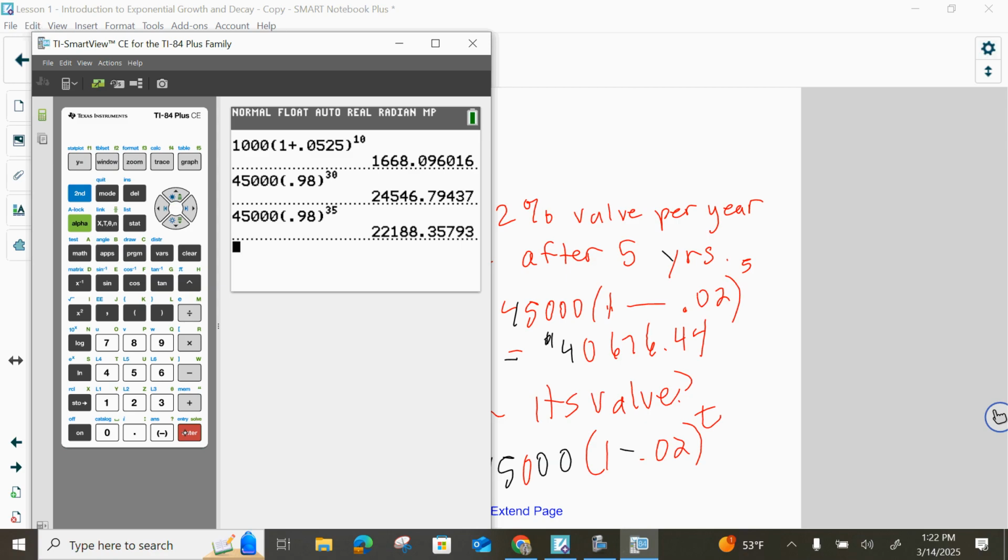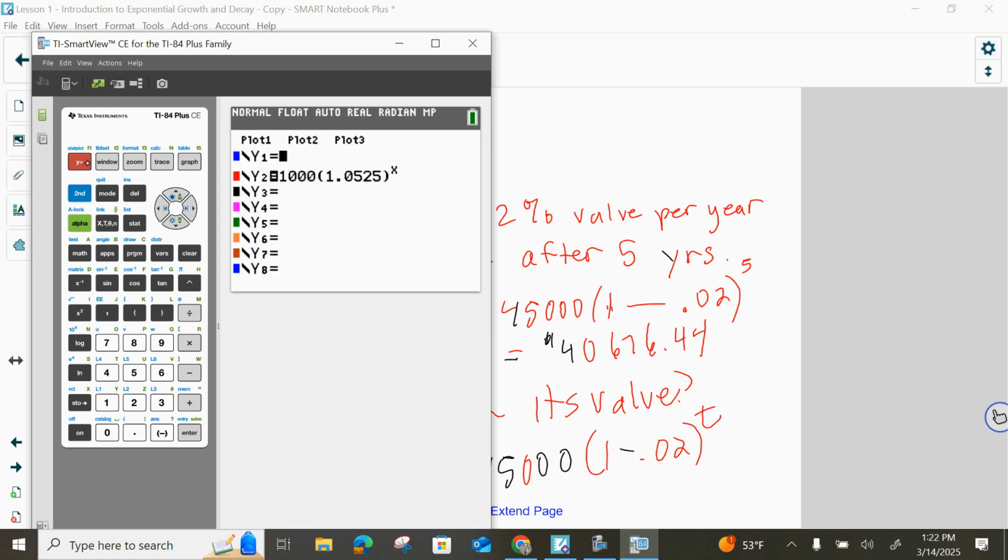So watch, if you do y equals, clear out your equations in your y equals. Everybody should be doing this. So I'm starting with 45,000 times 0.98, I'm getting 0.98 by going $1 minus 2 cents. I just hate doing parentheses. Raised to the x power.